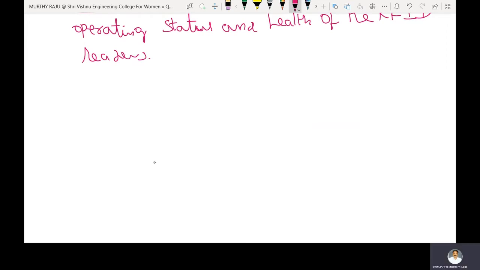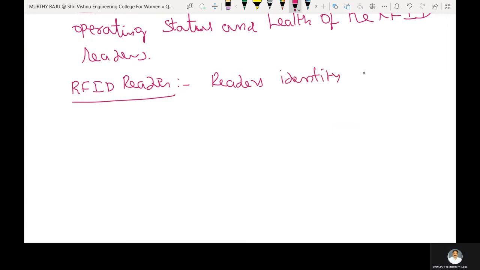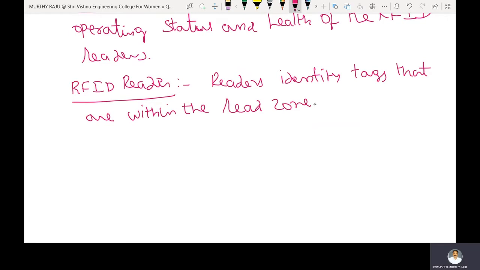From those tags only, the RFID radar reads the information.